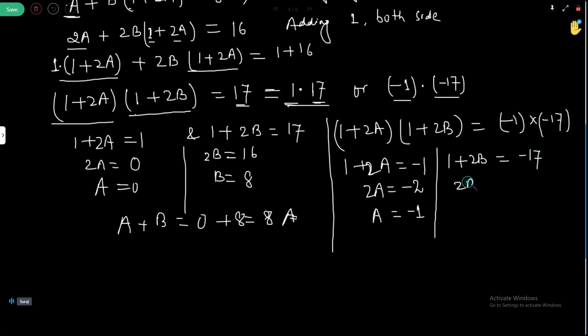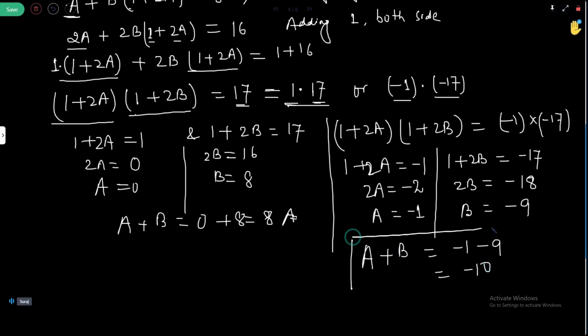So 2b equal to minus 17 minus 1, this is minus 18. So b equal to minus 9. So you can write here a plus b equal to minus 1 minus 9. This is equal to minus 10. The second possible value of a plus b is minus 10.